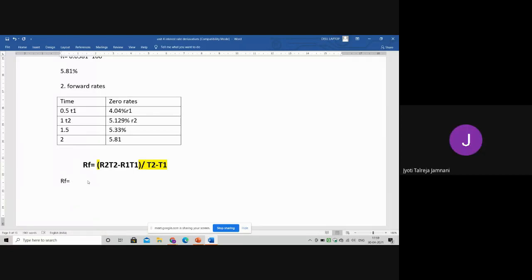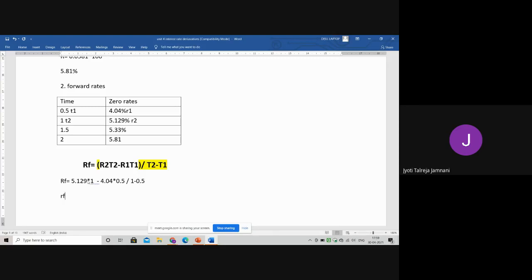So 5.129 into 1 minus T1, R1 is 4.04 into T1 is 0.5, divided by T2 minus T1, that is 1 minus 0.5.